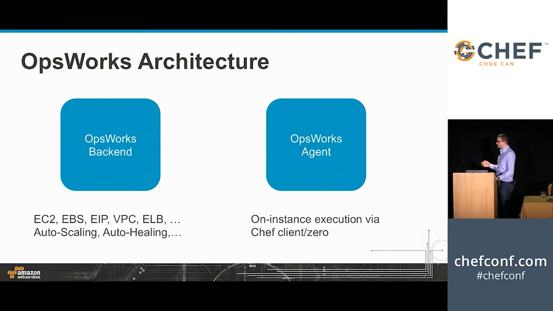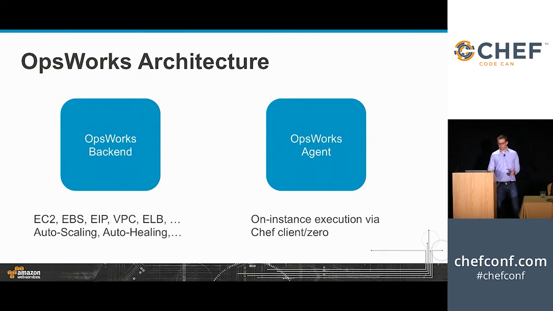Like I said, in the past we used Chef Solo, and with the recent update that we released a couple of weeks ago, we now use Chef Client and Chef Zero, which is an in-memory Chef server implementation that allows us to integrate features that Chef Server has, like search, where in the past you had to do something a little bit different, which caused friction. I would say if you come from open source Chef, you use the community cookbooks, you want to use OpsWorks, that was always a little blocker, and we thankfully solved it by using Zero.